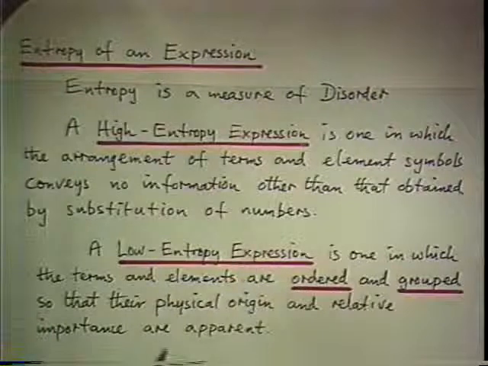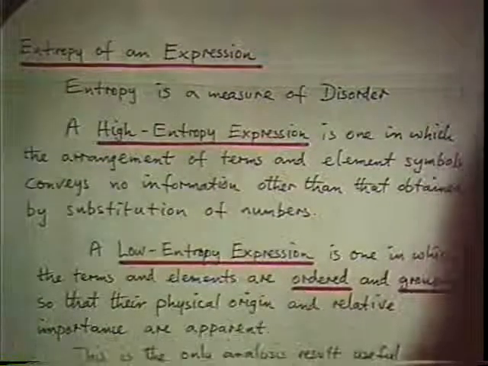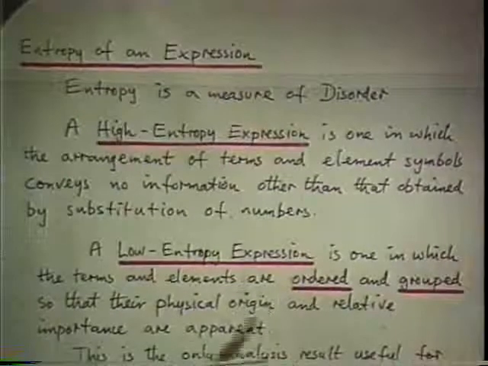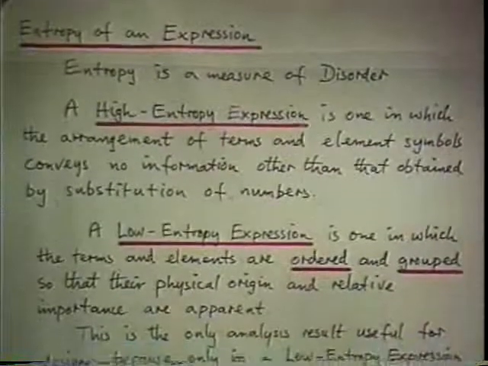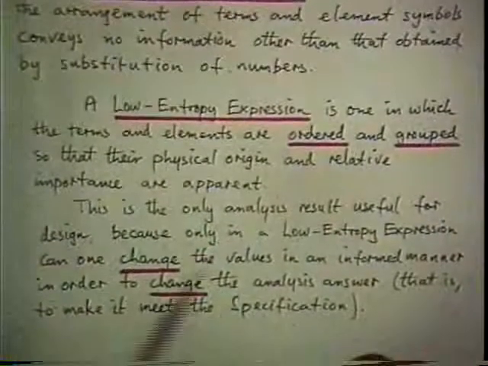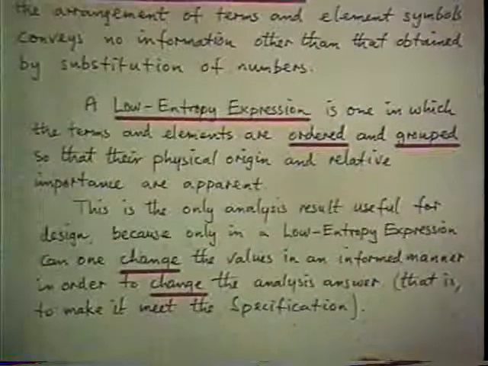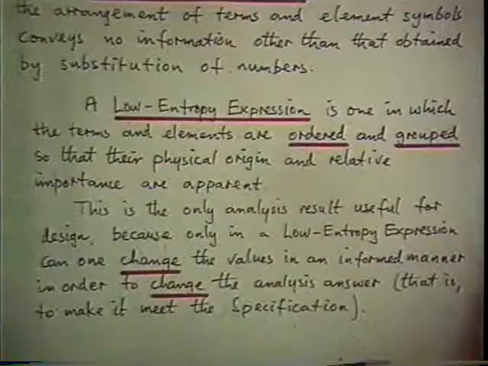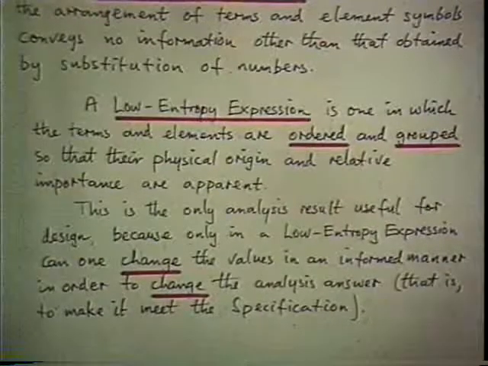So that's what I mean by a low entropy expression, because that's the only analysis result which is potentially useful for design. It's the thing that makes possible working the analysis problem backwards, and if you can't do that, then it was a waste of time getting that equation.